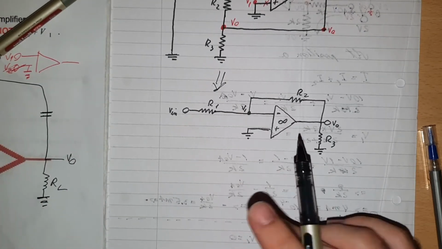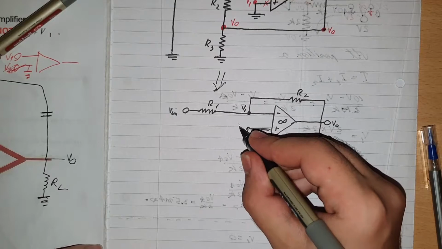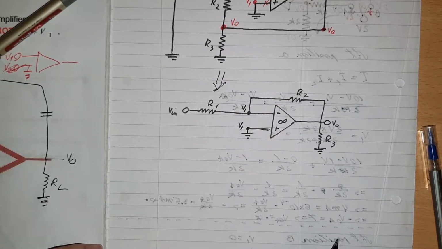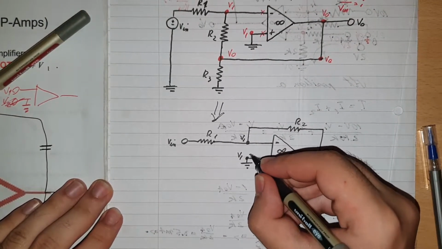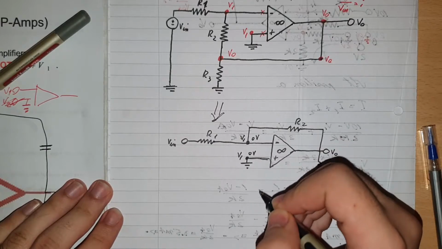Sometimes circuits are complicated only because of the way they are drawn, because we are used to seeing them as rectangular, so when we see different shapes or forms, we don't really understand them. Alright, so V1 is going to ground, so this will be 0 volts.